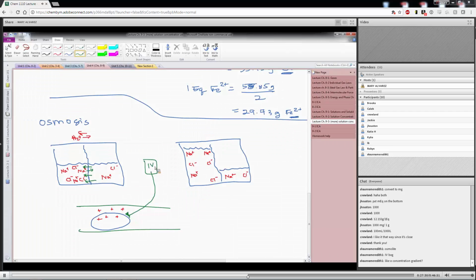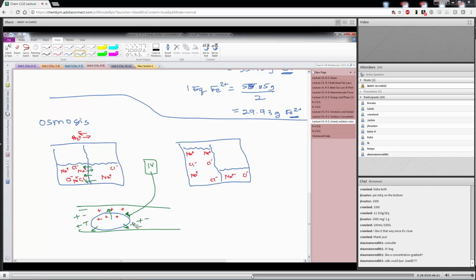What would happen? Pumping in a whole bunch of extra ions here. Water is going to come from your cells out into your bloodstream to compensate for those extra ions to reestablish the same relative concentrations.